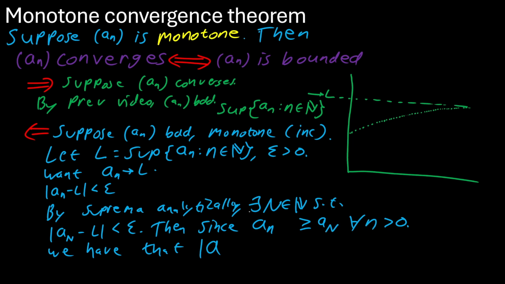There we go. So beyond this capital N threshold, every a_n is at least a capital N.